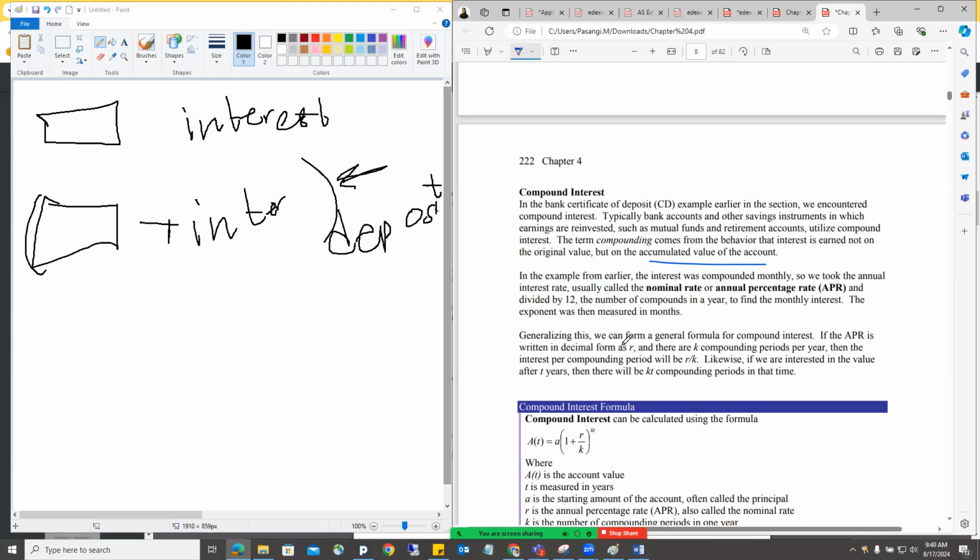Generalizing this, we can form a general formula for compound interest. Now, if we generalize this entire theory, we can form a general formula for compound interest.